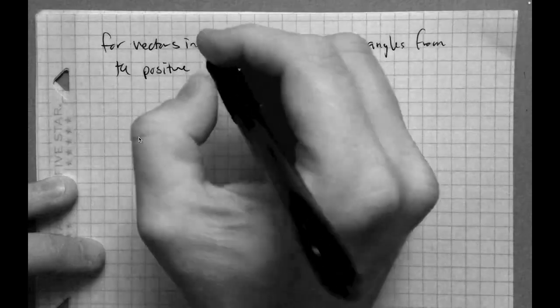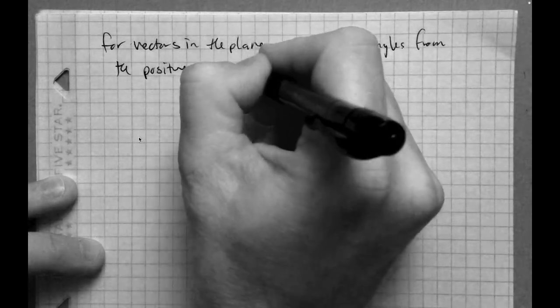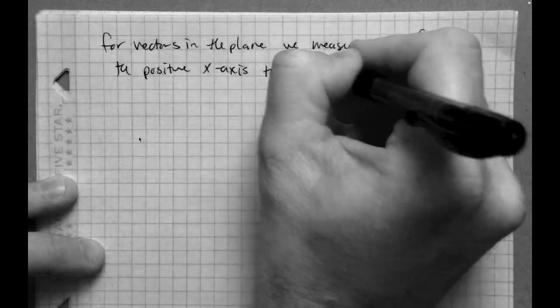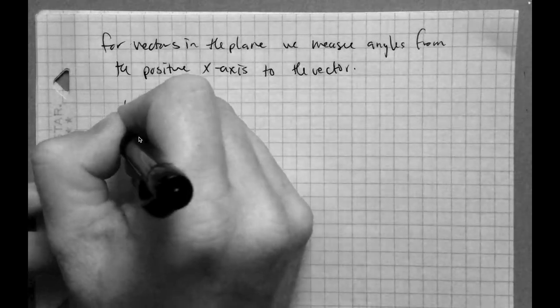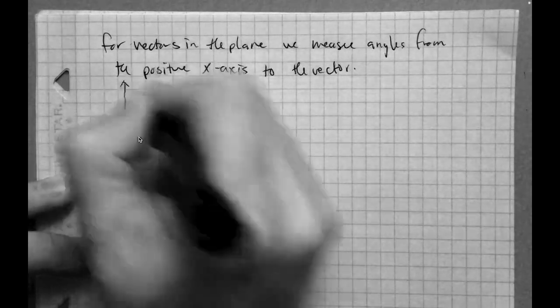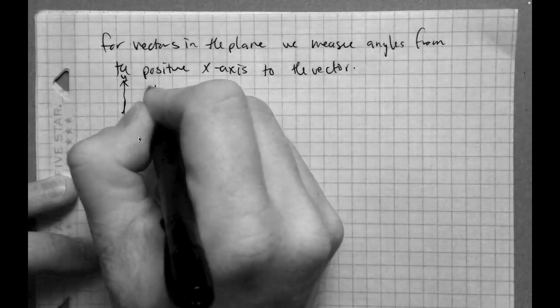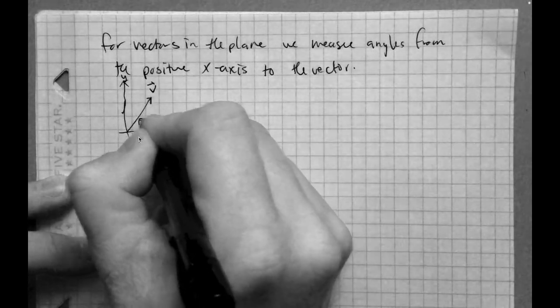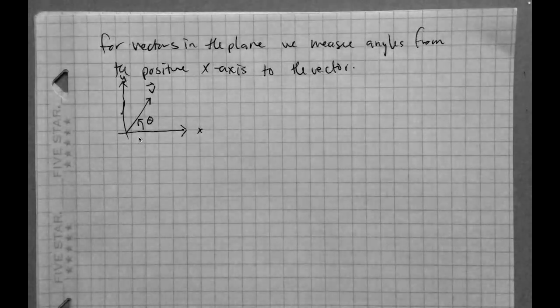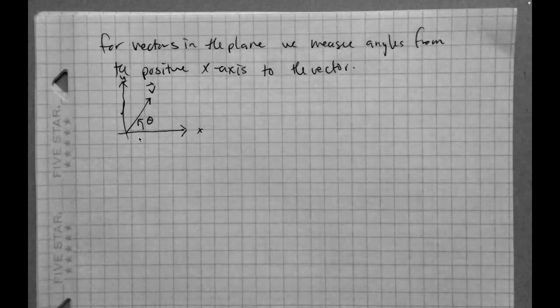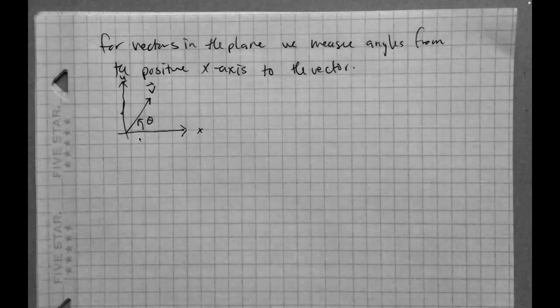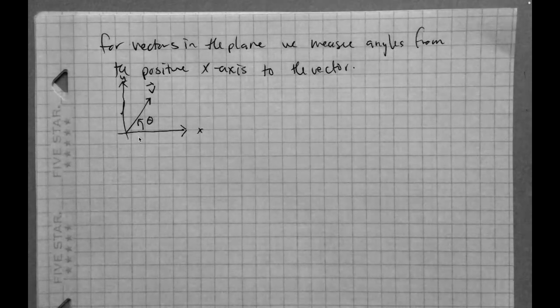That's the convention, what we're used to seeing. If I've got my x-axis and my y-axis and my vector v, then it's typical to measure an angle theta from the positive x-axis up to whatever the vector happens to sweep out.